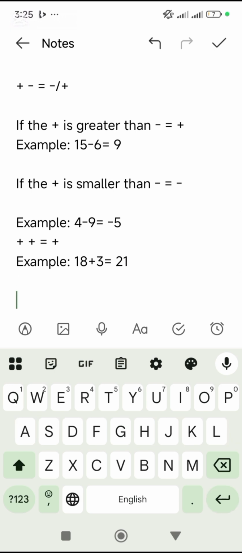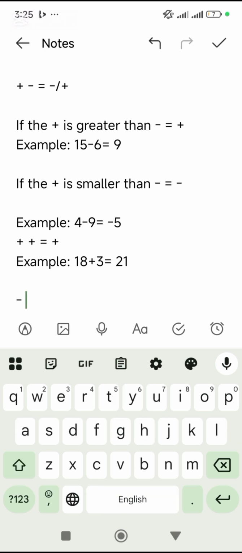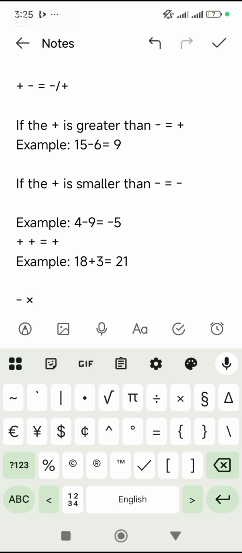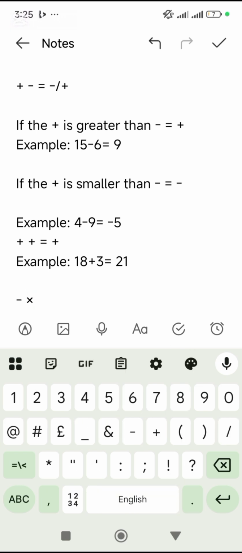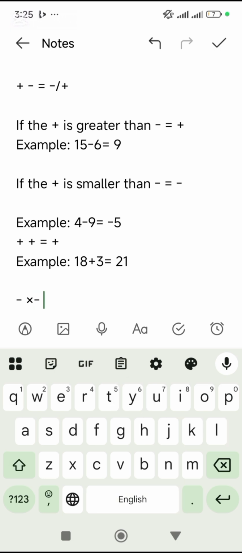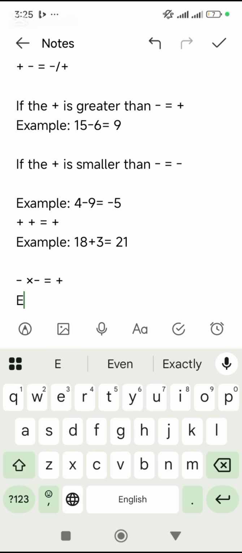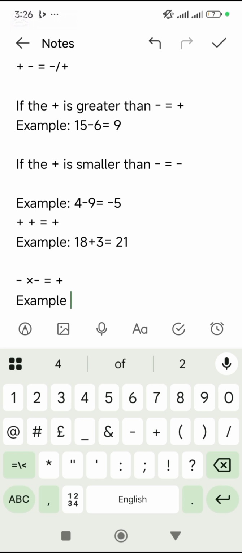Okay, there are other examples, especially when it comes to multiplication of these signs. You have minus times minus, it will give you plus. Let's take an example on this.